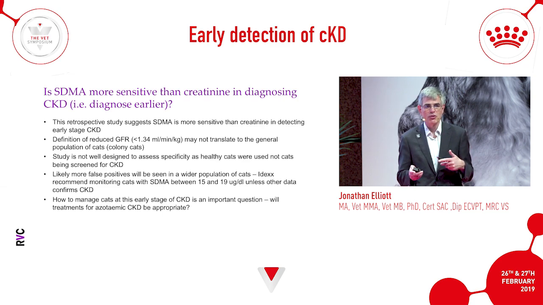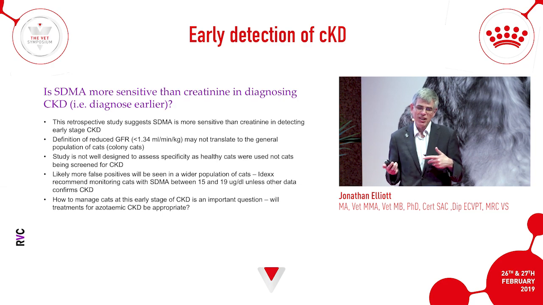If you have false positives, then you want to be able to categorize as many cats as possible that are negative. And so SDMA needs to be looked at in those cats that you suspect as having chronic kidney disease, but you're not sure about them, in the screening population. So there's likely to be more false positives seen in a wider population.